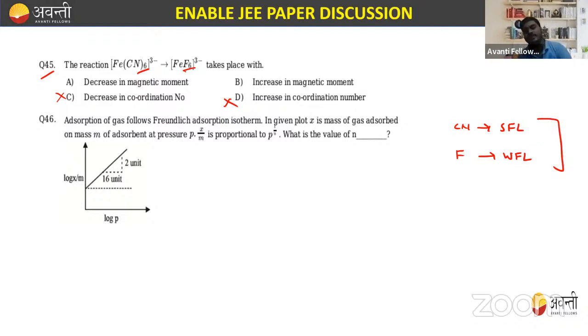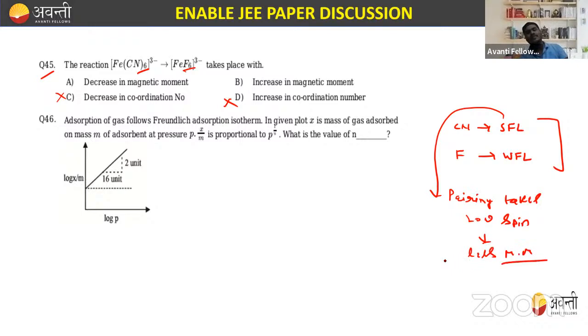In case of a strong field ligand, pairing takes place, which means they have low spin, and low spin means they have less magnetic moment. Magnetic moment depends totally upon the number of unpaired electrons, that is the spin-only formula root of n(n+2). As the number of unpaired electrons decreases, the spin magnetic moment also decreases.